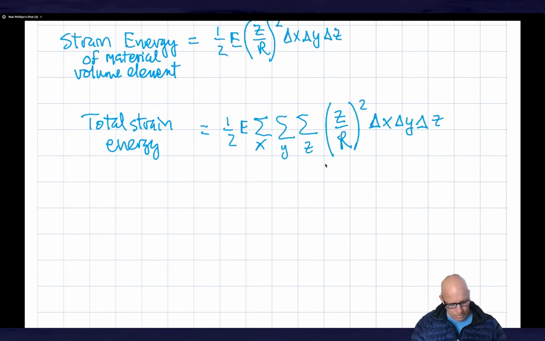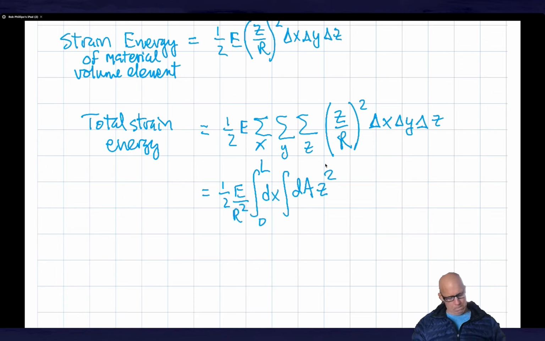That can be rewritten as 1/2 E, integral from 0 to L dx, and then dA, z squared, and I'm going to pull the r squared out in front.